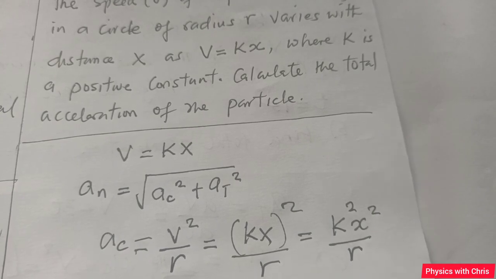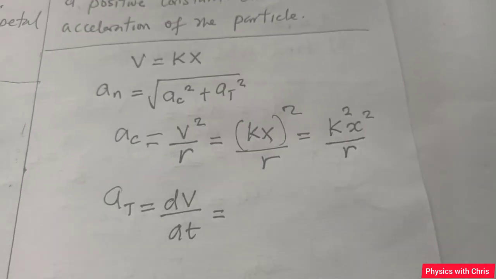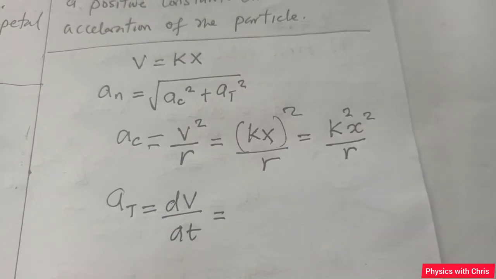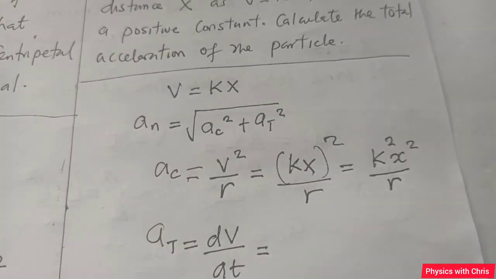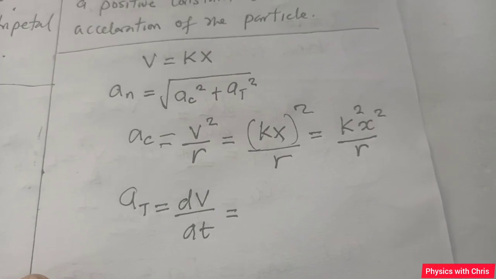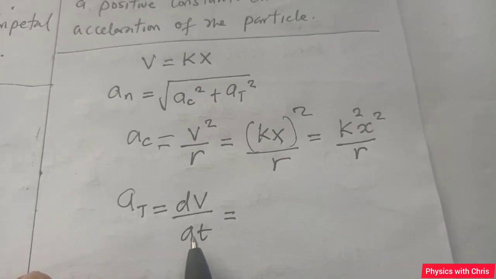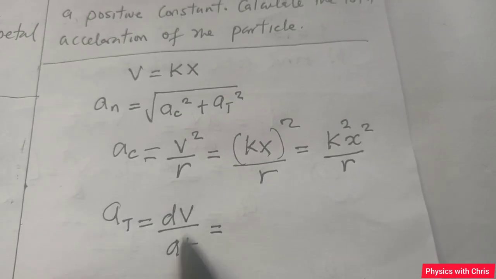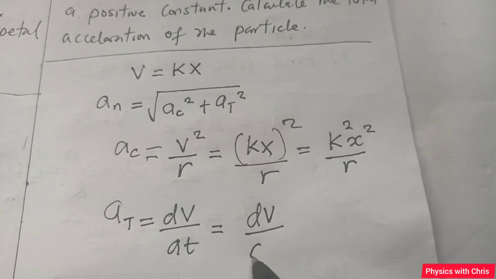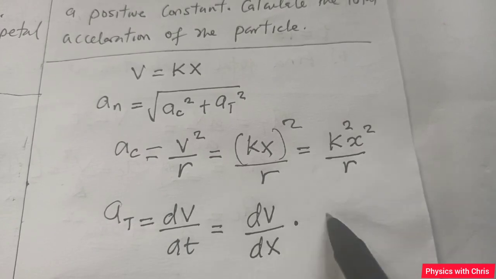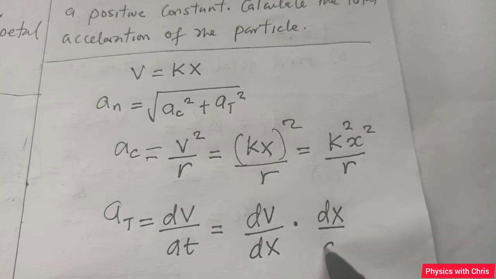To differentiate this tangential acceleration, which is dv over dt, we need to differentiate with respect to time, but the velocity given is a function of displacement or distance. So in differential calculus, this can be done by splitting this into dv over dx multiplied by dx over dt.